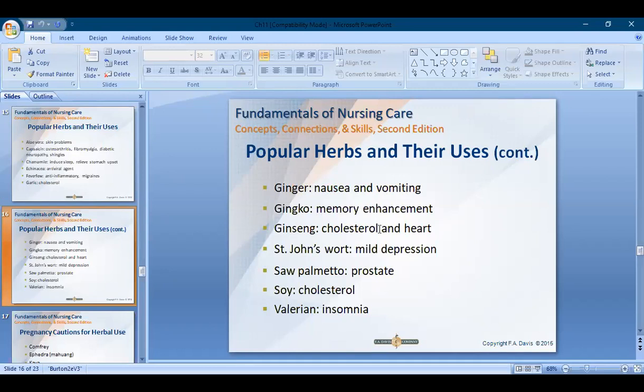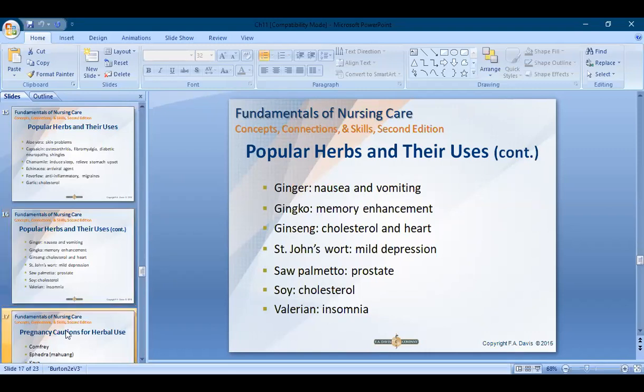Ginseng is good for cholesterol and heart. St. John's wort is used as an antidepressant. Saw palmetto is good for the prostate. Soya reduces the cholesterol. And valerian is good for insomnia, meaning it promotes sleep.